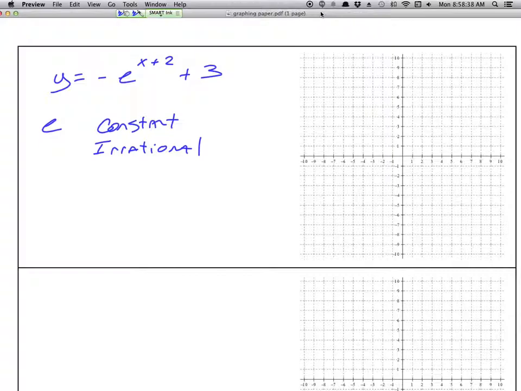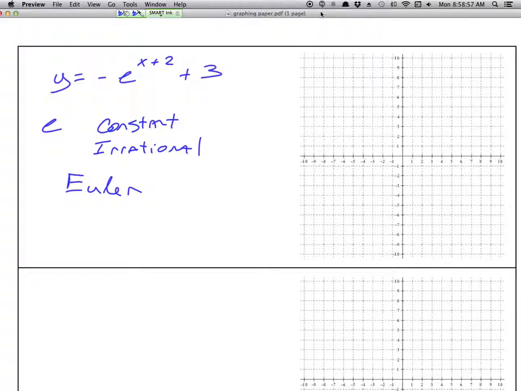The reason why it's e is it's named after a mathematician that worked on it. His name was Euler. Obviously, you've got an e there. There's about 3 mathematicians, I think, that worked on this number.